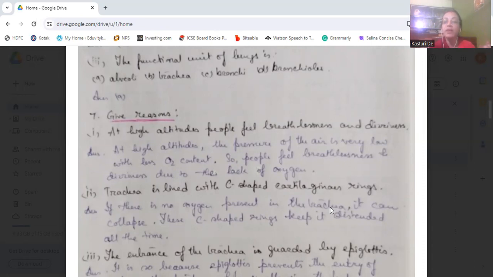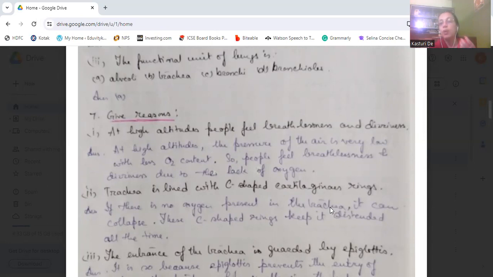Okay? The trachea is lined with C-shaped cartilaginous rings. If these rings are not present in the trachea, what will happen? The trachea may collapse. That can lead to choking of the throat.